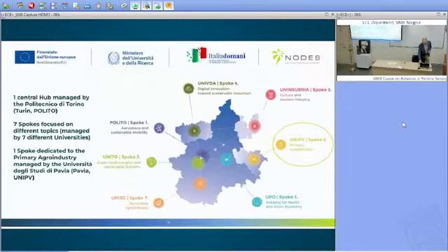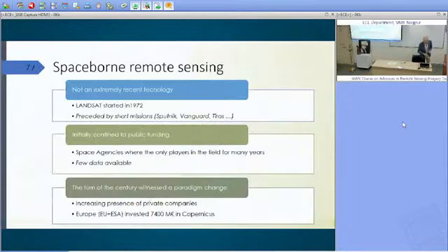Now, spaceborne remote sensing is not an extremely recent technology. As I mentioned at the beginning, we have the Landsat series, which started as early as 1972.